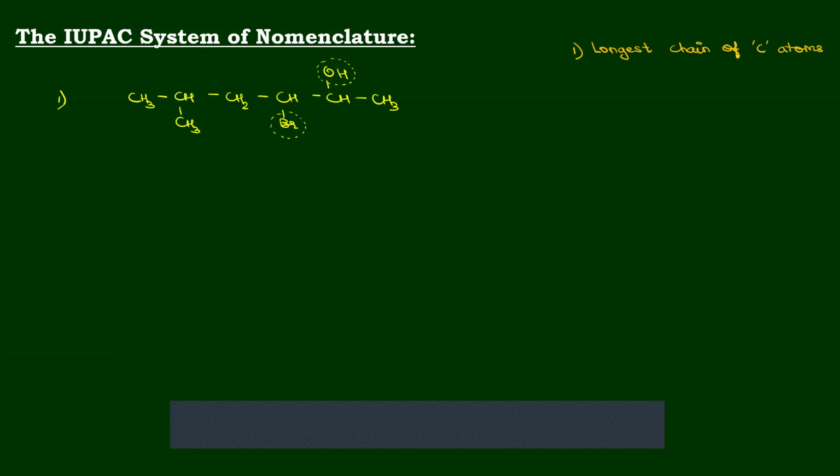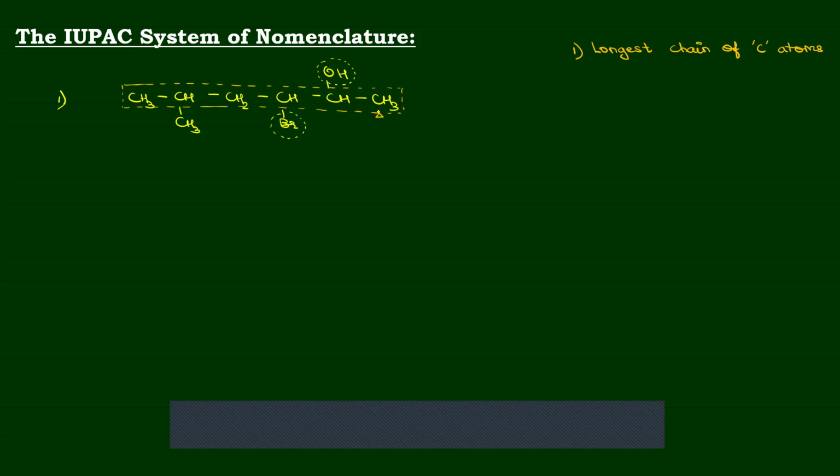If I talk about the number of possible chains over here, I can have 1, 2, 3, one possibility, and 1, 2, 3, 4, 5, 6, another possibility. So there are two possible carbon chains, one of 3 carbons, the other of 6 carbons. The longest chain would be of 6. This is how we select the longest chain using the first rule.